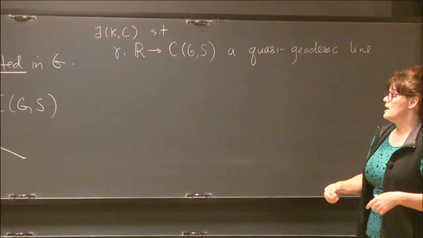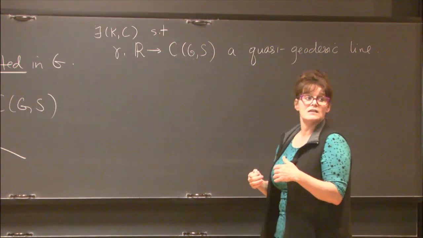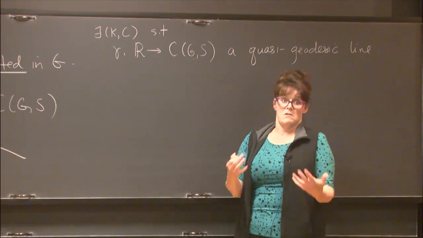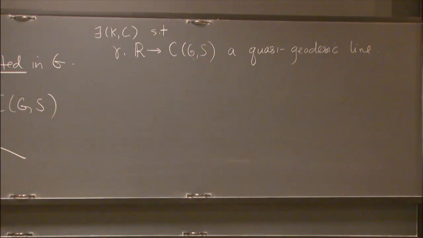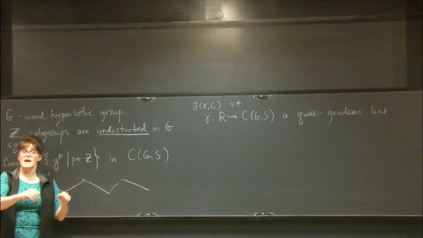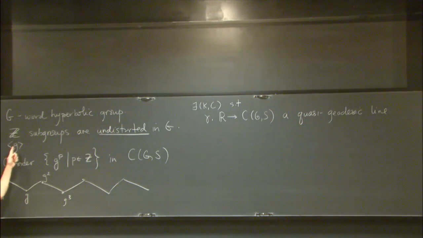And the idea here is that if we were in a nicer space, like say Euclidean space or H^n, well, I can't say Euclidean space because that's not delta hyperbolic, but let's say I was working in the actual classical hyperbolic plane and I picked an infinite order isometry that's not parabolic, so it's a hyperbolic isometry, then what happens in H2 is that there's an honest to goodness geodesic line in the space on which the element acts by translation. And so I can really think of the powers as being evenly spaced along a geodesic line.